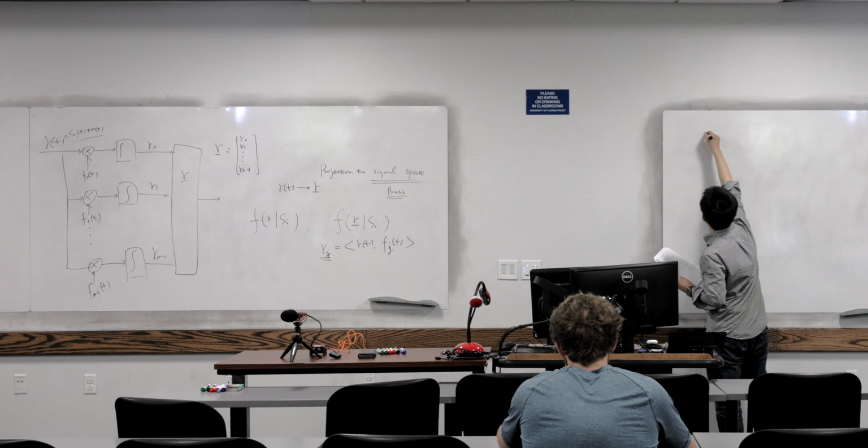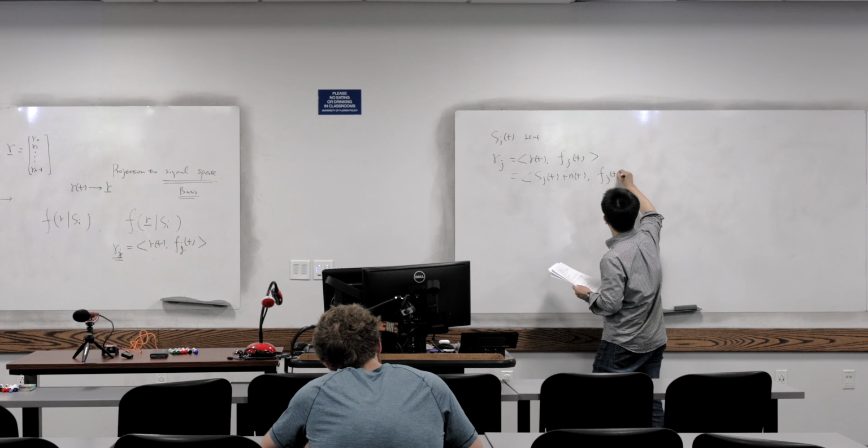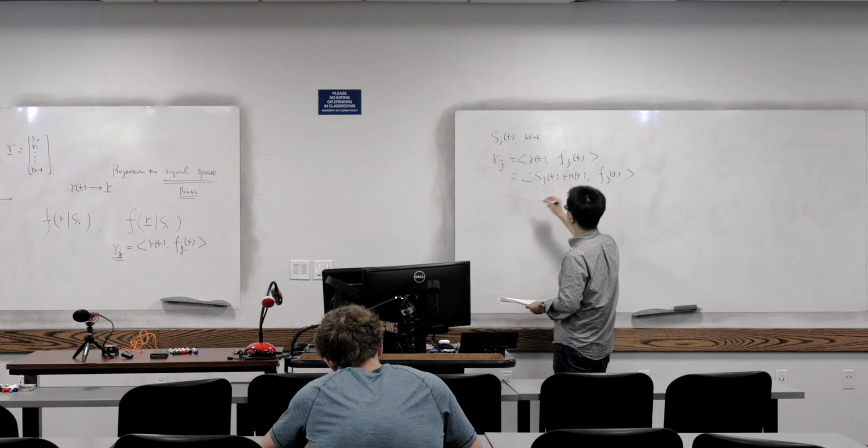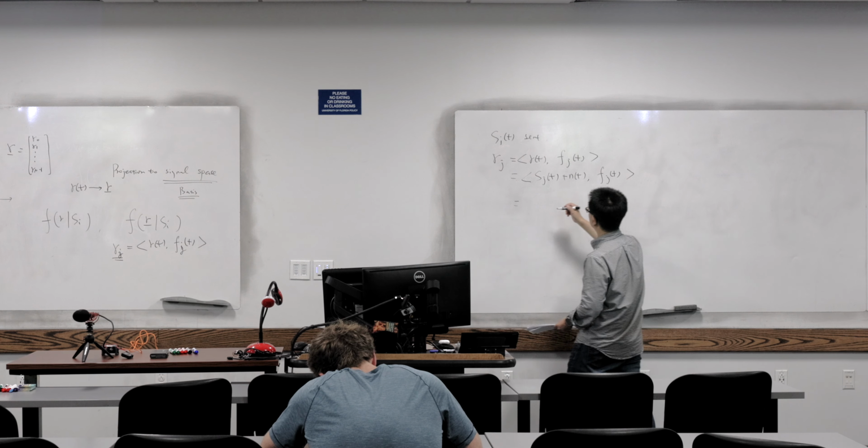Now we're going to see what Rj is. Rj is the inner product between R of t and Fj of t, so what we get is Sj of t plus n of t, and then as before, we're going to break it into two.